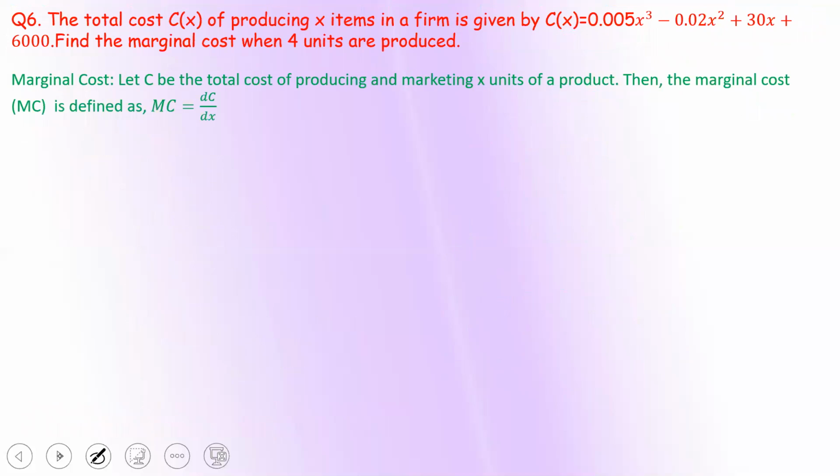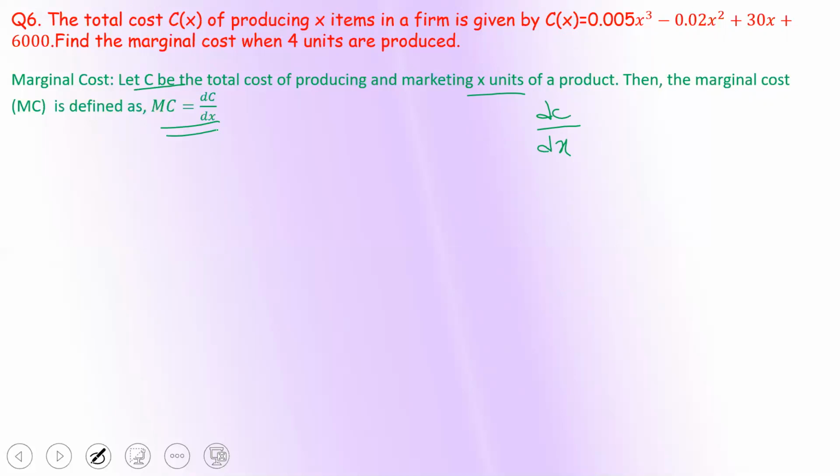Next is marginal cost. What is marginal cost? If C is the total cost of any product that is producing and marketing it, and C is the total cost of x units, then the marginal cost is represented by the rate of change of cost, that is dC upon dx is the marginal cost.